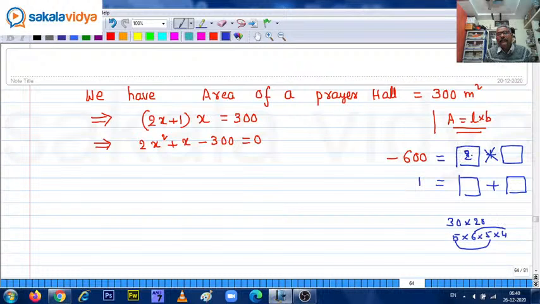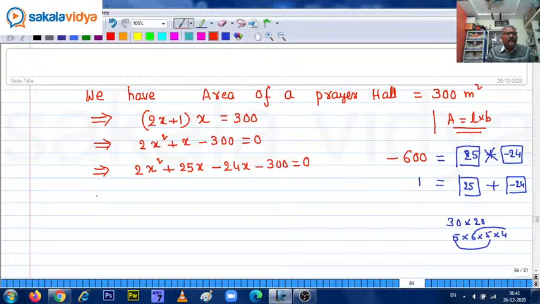Let us write 25 and 24. Yes, 25 minus 24 is 1. So you write the negative sign here. Now this can be written as 2x square plus 25x minus 24x minus 300 equals 0.